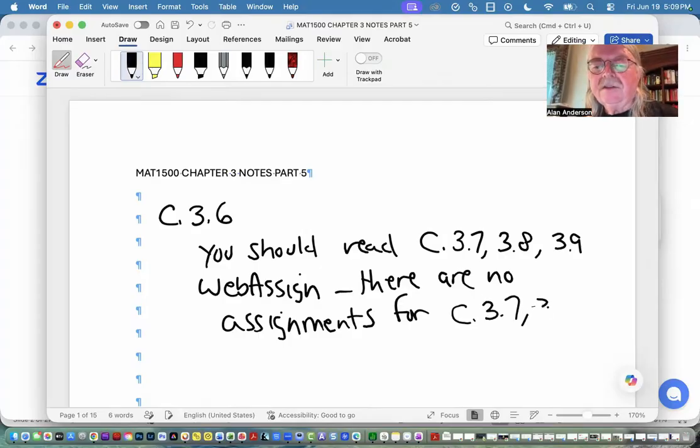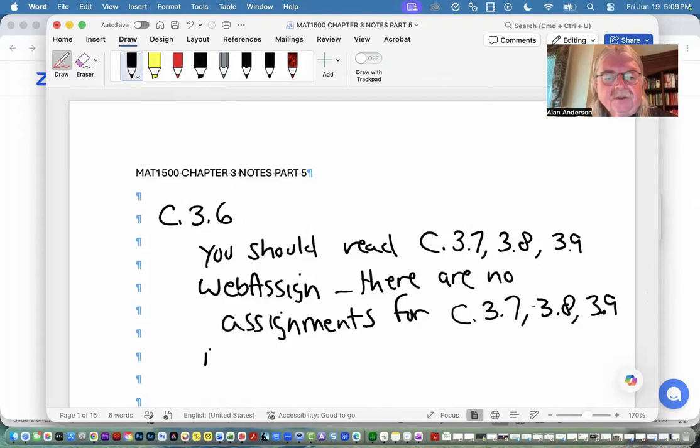I don't think we can justify spending any more time with them. As soon as we're done with 3.6, we're going to dive right into chapter four, because it's just so important and we really want to get rolling with that.